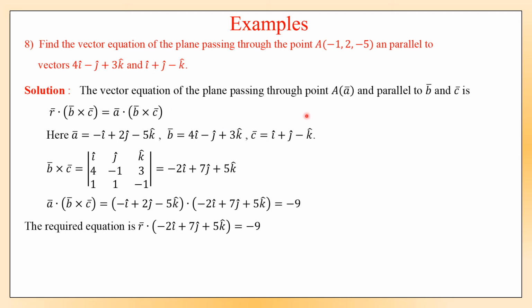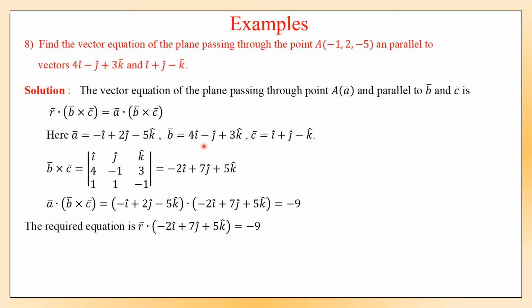Solution. The vector equation of the plane passing through the point A vector and parallel to B vector and C vector is R vector dot B vector cross C vector equal to A vector dot B vector cross C vector. Here A vector is minus i plus 2j minus 5k.